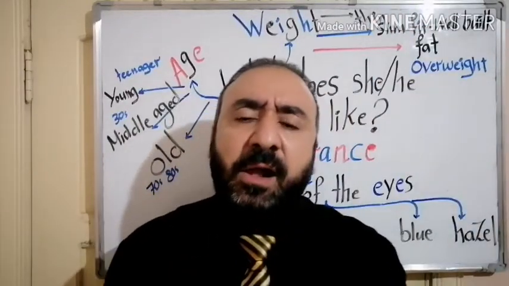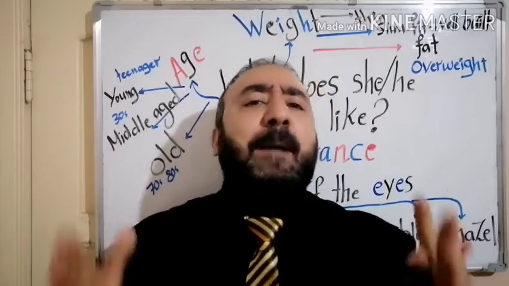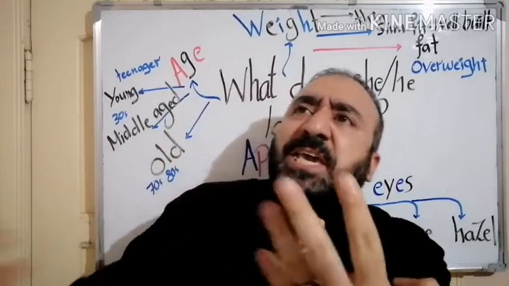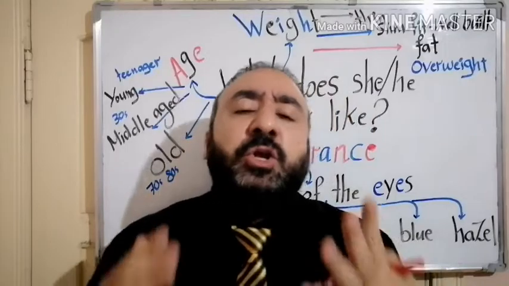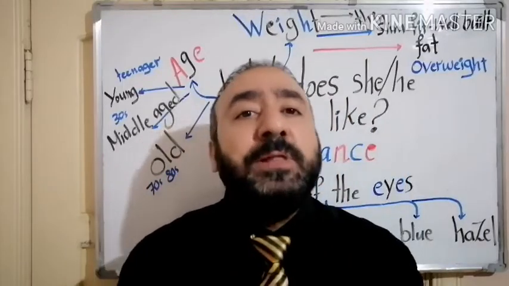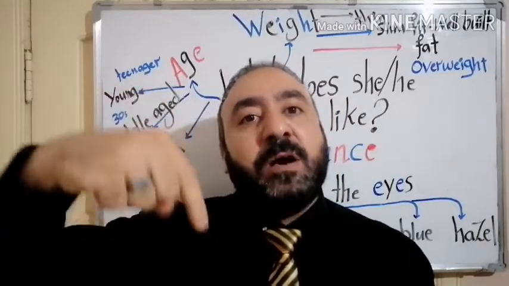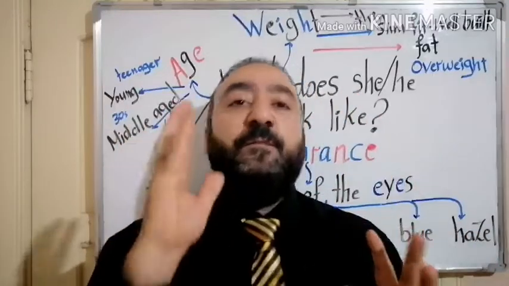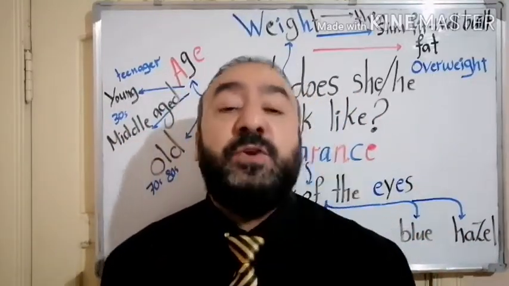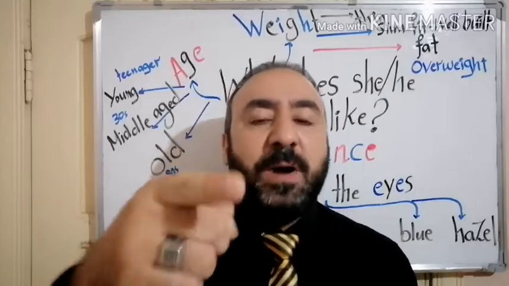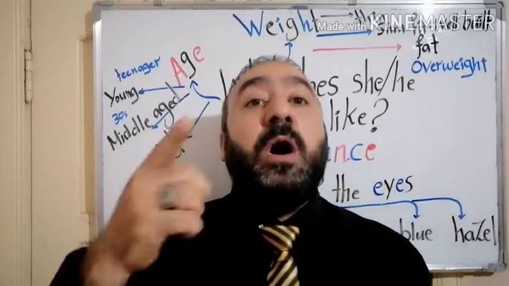So from now on, I don't want you to be just a passive receiver. You just keep receiving information from me and you don't use anything. So please do me a favor and write in the comments the description of one of your family members or one of your friends. What does your brother look like? Or what does your uncle look like?